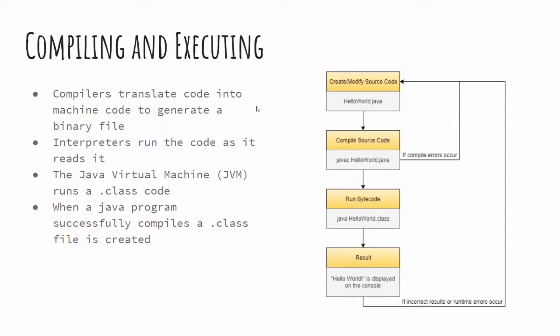So when we create a source code file, so HelloWorld.java right here, we either create or modify a source code file. This is a text file, and so we have to compile it in order to translate it into machine code, which is a binary file, or ones and zeros.